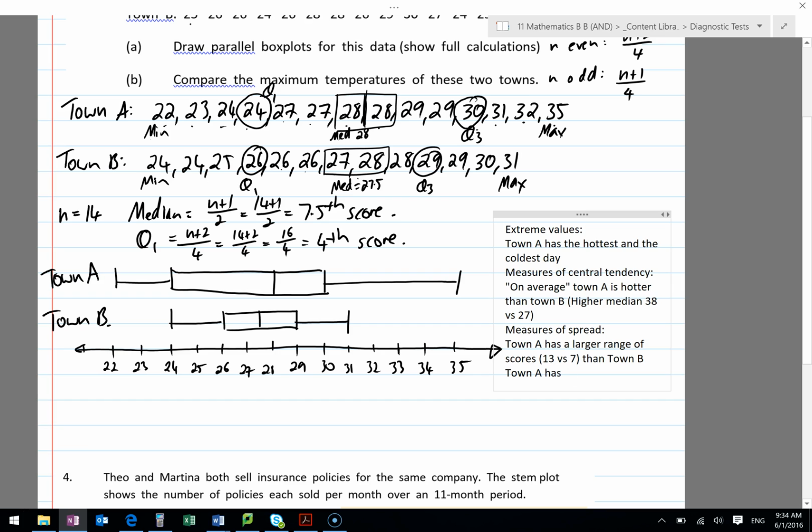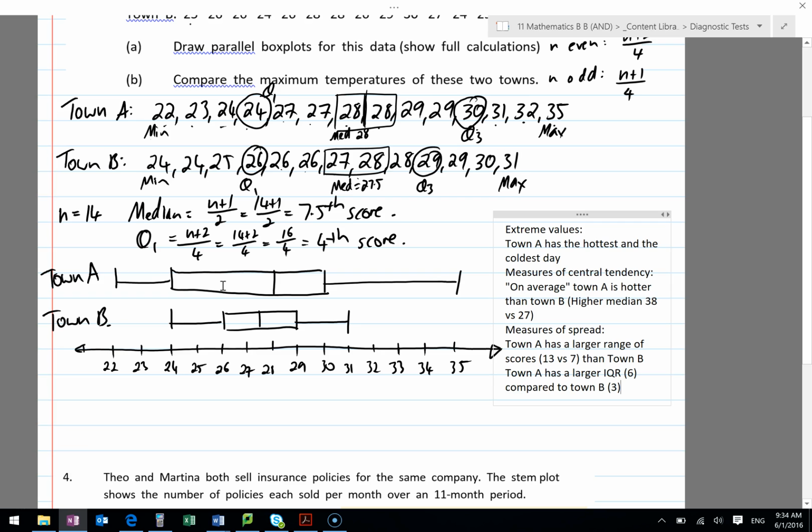Town A has a larger interquartile range, 6, compared to town B, which only has 3 as the interquartile range. So for these ranges and interquartile ranges, max minus min, or Q3 minus Q1, you just show those calculations as well.